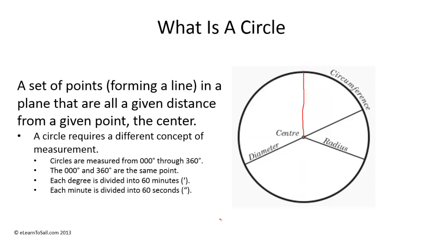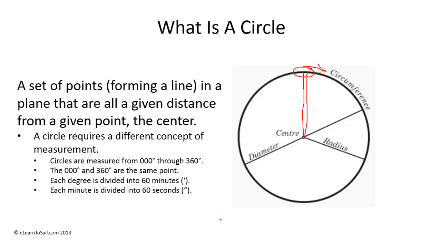The next point I want to discuss is about each individual degree. So starting from here, we measure 360 degrees in a clockwise direction. Degree number 1 is somewhere in this neighborhood. Now, I haven't been able to draw it accurately, obviously, because I don't have a big enough circle. But this represents 1 degree.